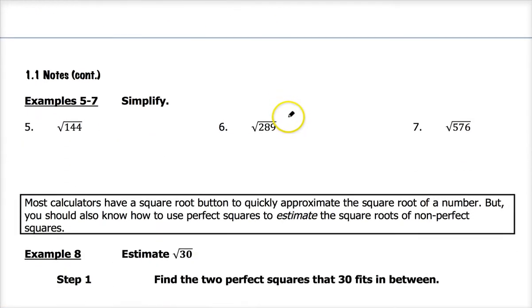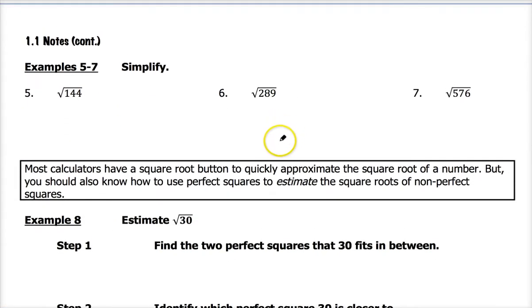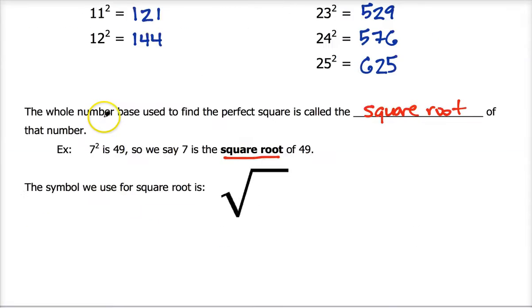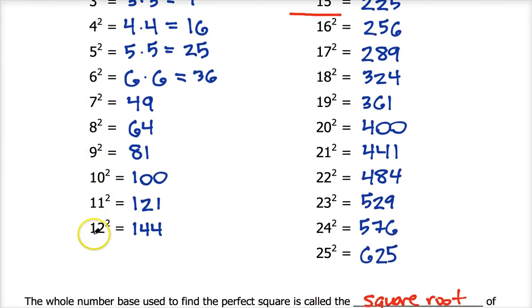So going to this next page here, we're going to simplify each of these square roots using that list we just made above. So number 5, we read this as the square root of 144. To find that, you just have to ask yourself, what whole number times itself gives us 144? Well, on this list, 12 squared is equal to 144.